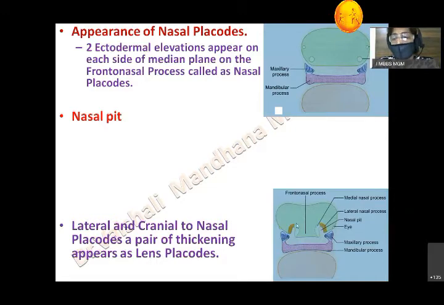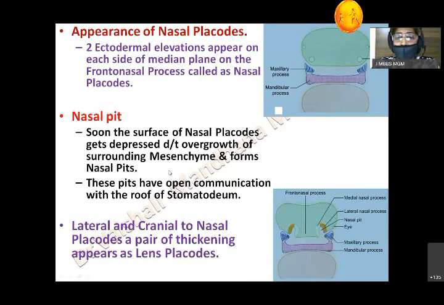So nasal placodes are formed, now nasal pits are formed, and this nasal pit is surrounded on the medial and lateral side by two processes, called the medial nasal process and lateral nasal process. The surface of the nasal placodes gets depressed due to the overgrowth of the surrounding mesenchyme and it forms the nasal pit. These pits have open communication with the stomatodium.